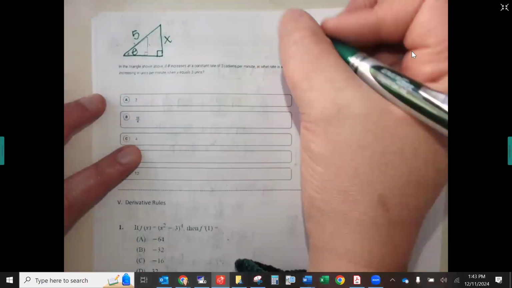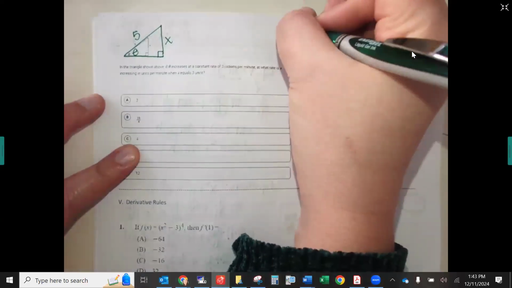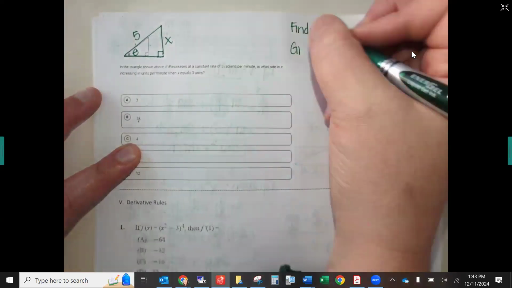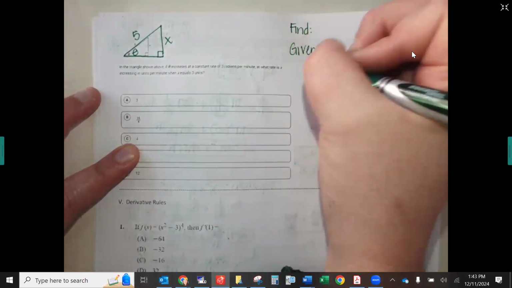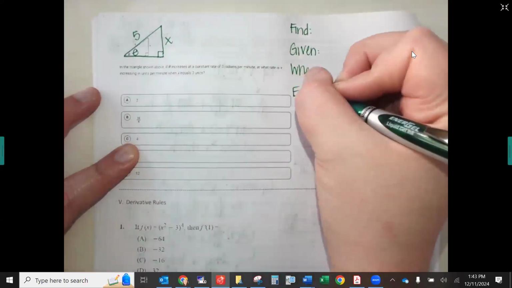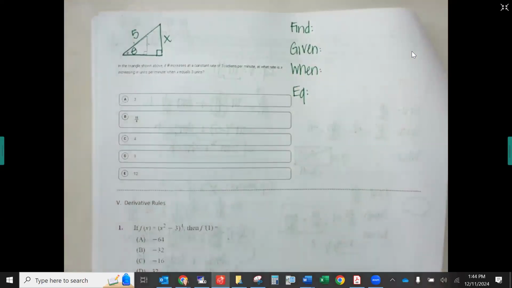This is a 5. This is x. This is on page 10. All right. So let's read through it.